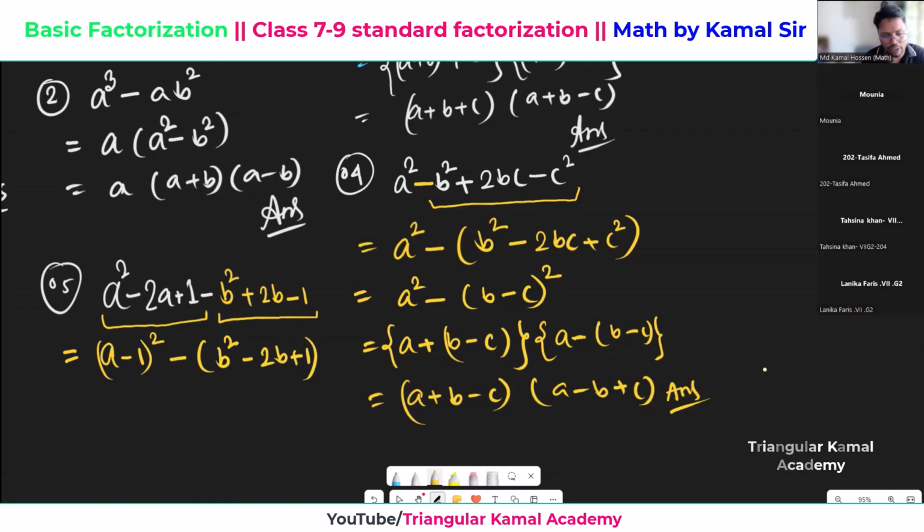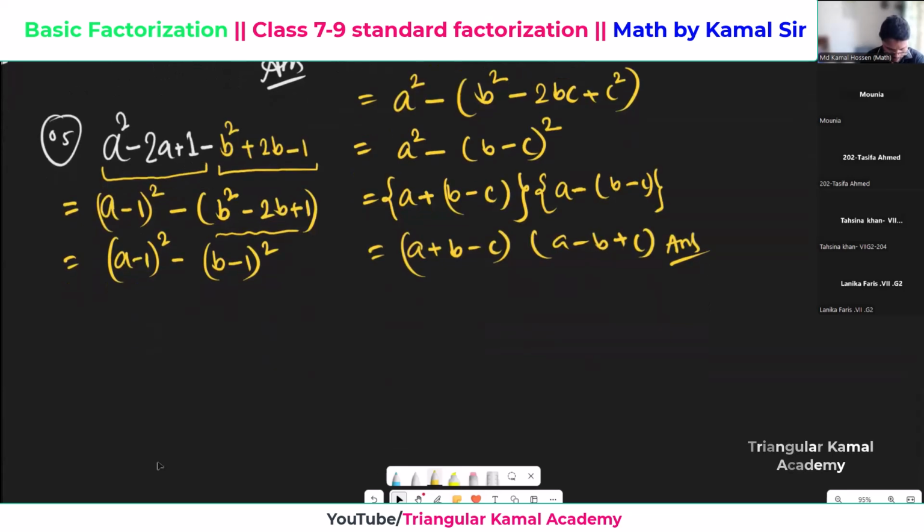No, sir. Okay. Now, this is a minus 1 whole square minus, and in the second part, we see another formula like the first one, b minus 1 whole square. Now we can apply the formula of a square minus b square.